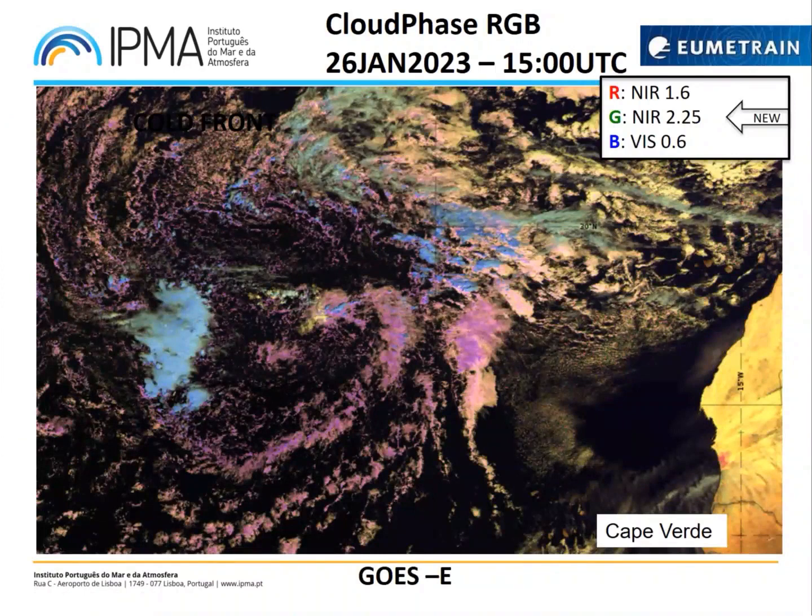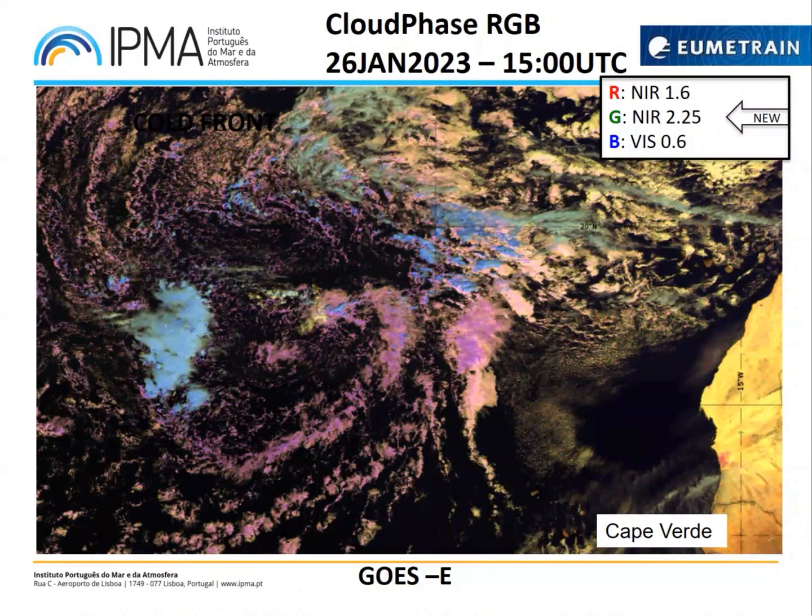The new channel is the near infrared 2.2 that is assigned to the green beam. This RGB, to be used only during daytime, provides microphysical information on cloud tops and the separation of water from ice cloud, and also information on cloud top particle size.